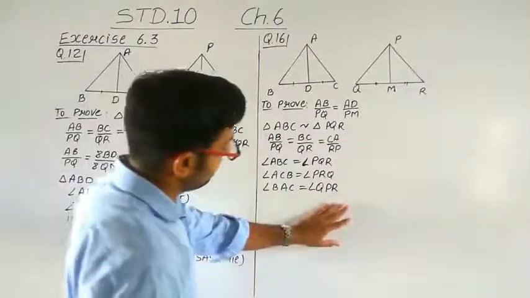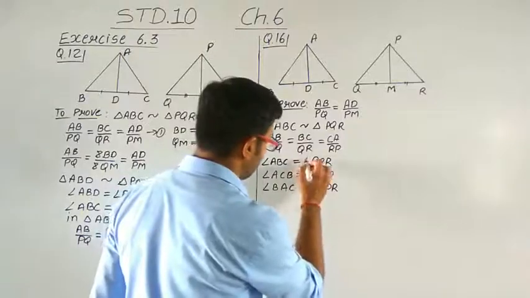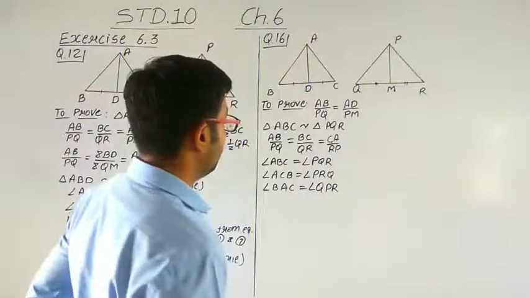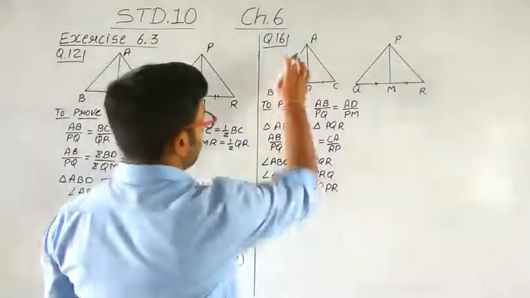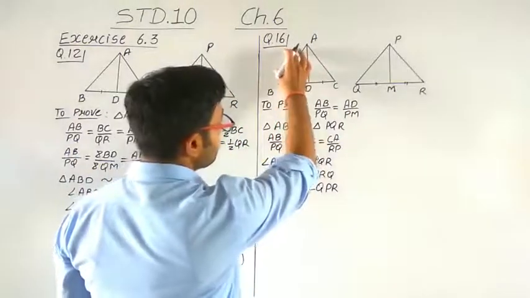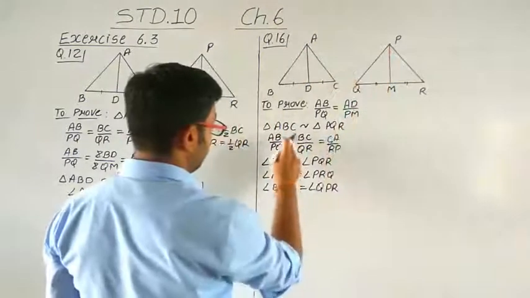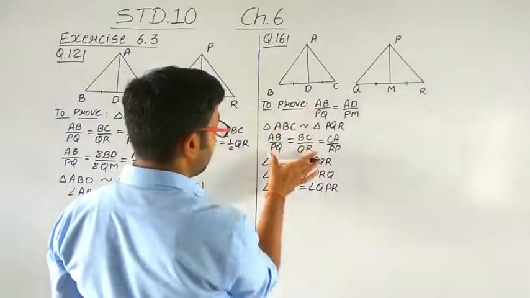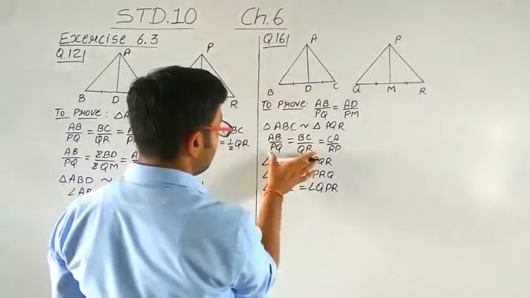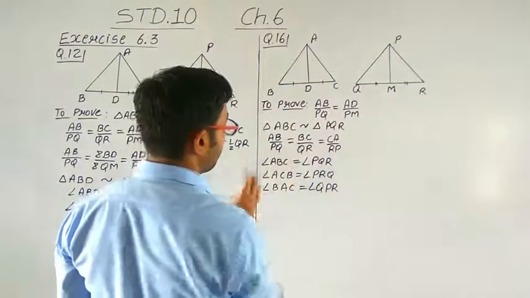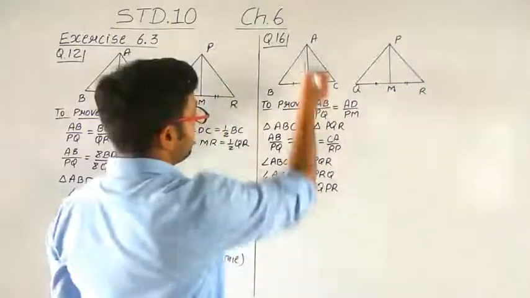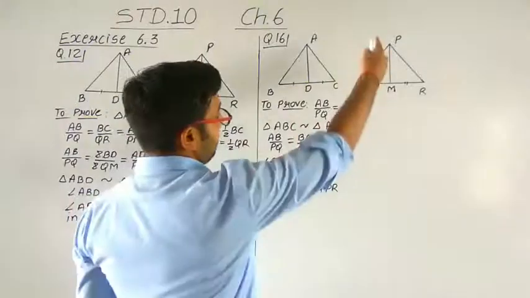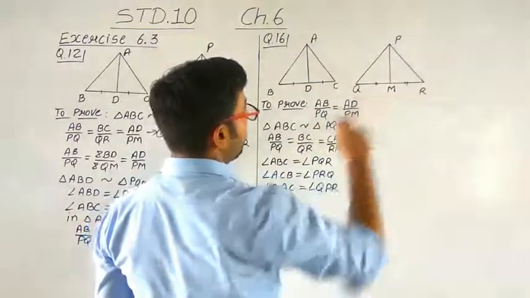Now which condition can we use from all these things to prove that ABD and PQM are similar? We can take AB upon PQ is equal to BC upon QR. Now one more thing we are given is that AD is the median of side BC and PM is the median of side QR.